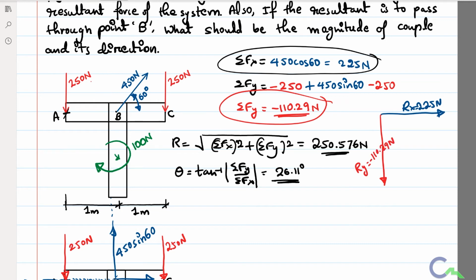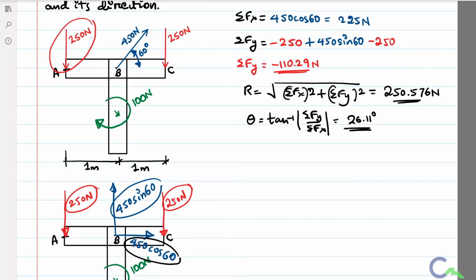The resultant is acting in between these two forces, that is somewhere here. So R is equal to 250.576 Newton. So the angle is 26.11 degree.